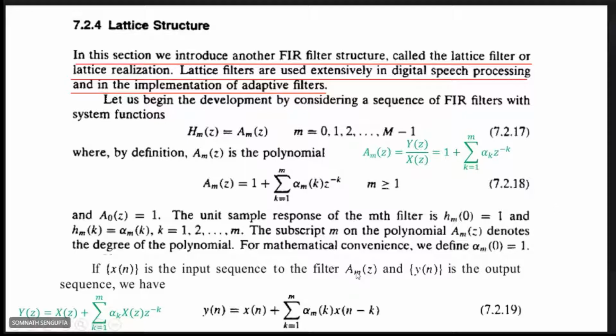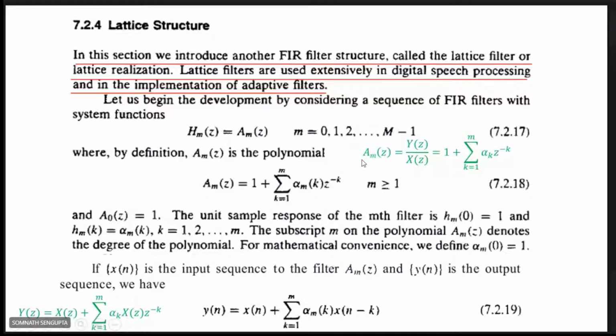Now with this expression, we describe that Am(z) is the system function, the ratio of output to input, Y(z) by X(z). That is equal to 1 plus summation k equal to 1 to m of a k z to the power minus k. This is written from this only. Just we are writing here Y(z) by X(z).